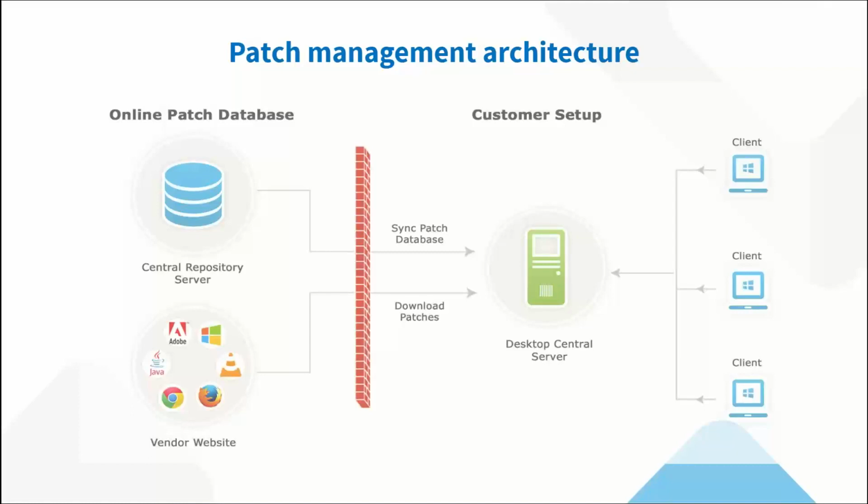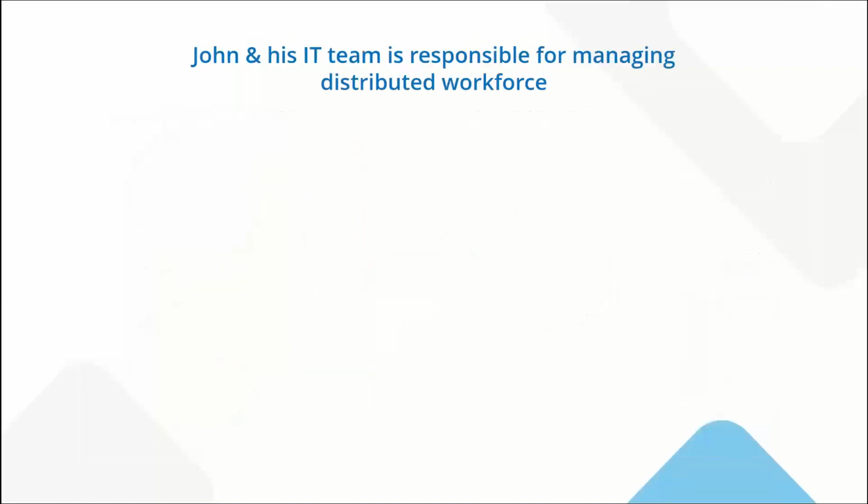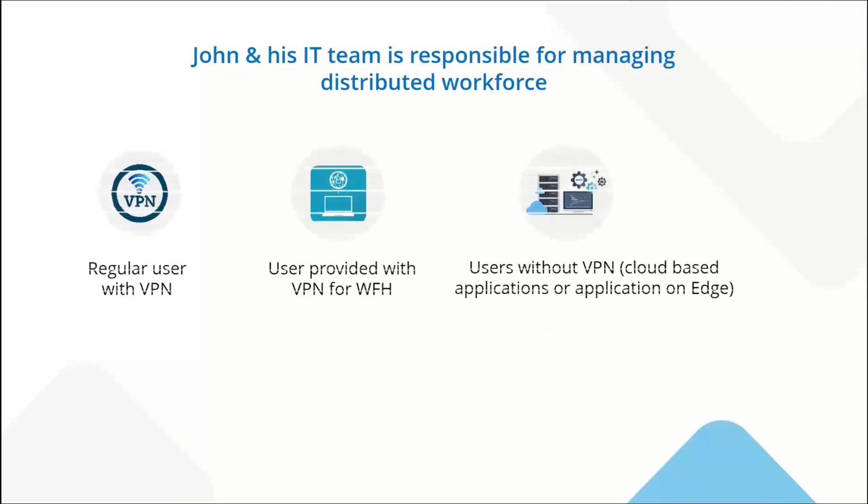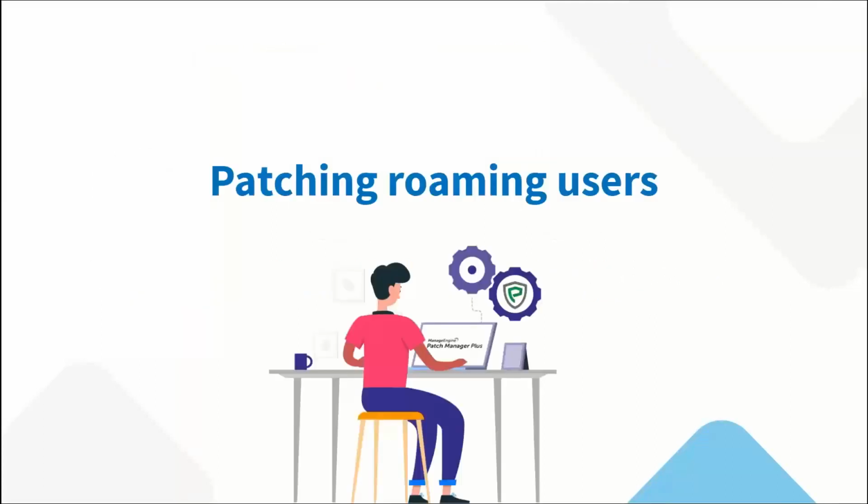Now let us take a look at how the endpoints can be managed in a distributed workforce scenario. As we have mentioned in the examples, there are two types of users John would have to cater to. Let's analyze them one by one. Patching roaming users. First of all, let's take a look at the users who are connected over the internet, or so-called roaming users.